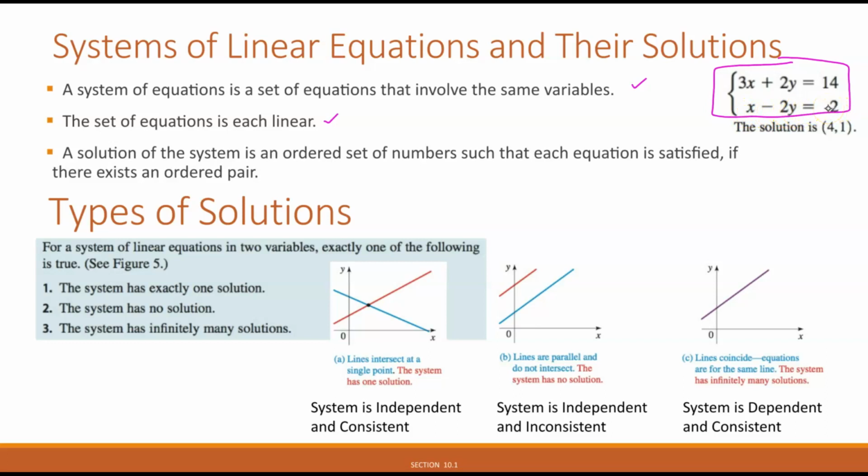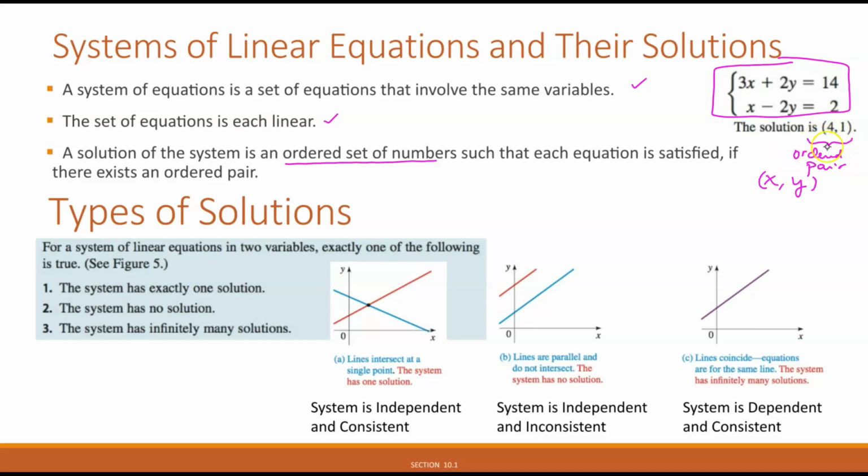A solution of the system is an ordered set of numbers such that each equation is satisfied by that ordered pair. Here in this example, this would be considered our ordered pair. The variables involved were x, y, so in this case x is 4, y is 1.